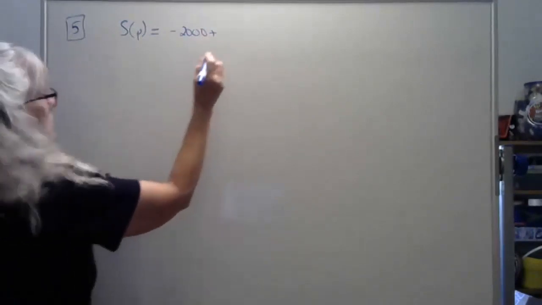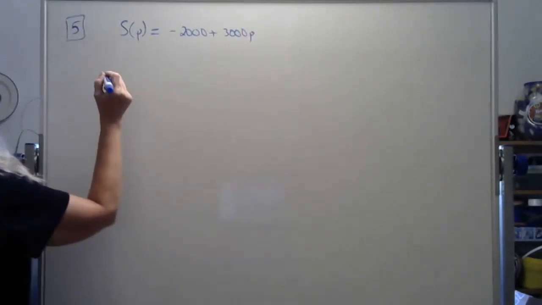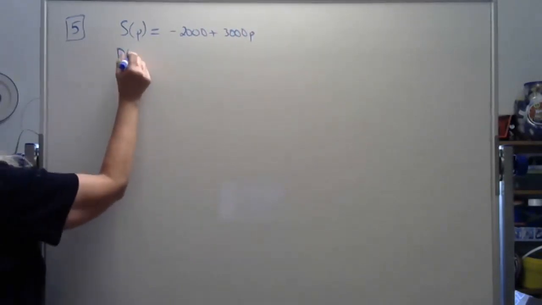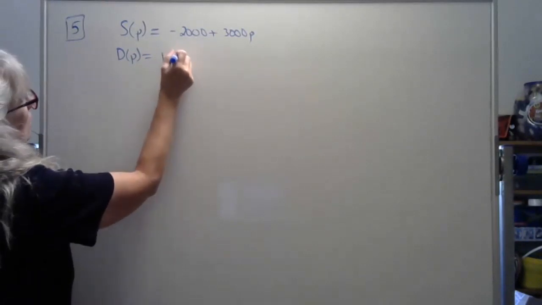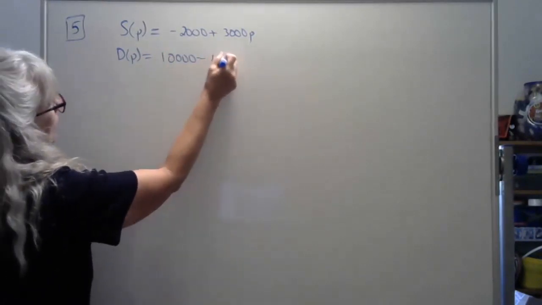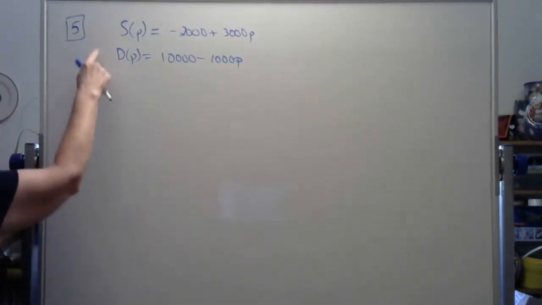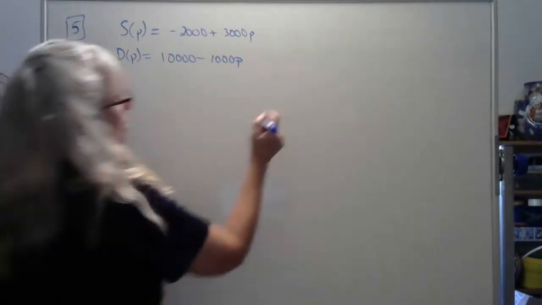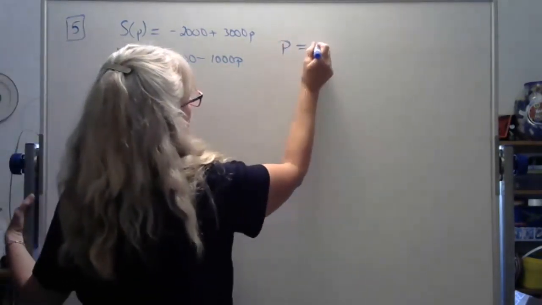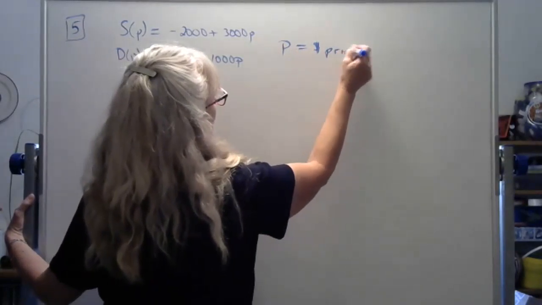So it's negative 2,000 plus 3,000 P. And then D of P is equal to 10,000 minus 1,000 P. Okay. So S stands for supply, D stands for demand, and P is going to be the price of the hot dog. So the P in this function is the price of the hot dog.